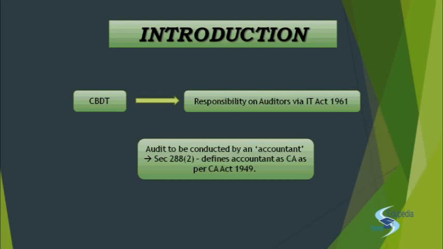But now there's a little bit of understanding that would go into it, right? When I talk about understanding, we need to actually understand, can all chartered accountants perform this audit? Because as per the definition of accountant, it is clear that any chartered accountant, whether he's in practice or not in practice, would be termed as an accountant, right?